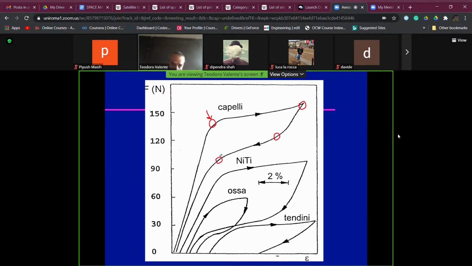In some cases, you see, we can recover here the deformation, because this is a sigma epsilon, stress strain diagram. Really it's a force, but we can identify it as a stress strain diagram. Sometimes, like in this graph, there is a strain of some 1.5%, which is not recovered. It can be present or not.